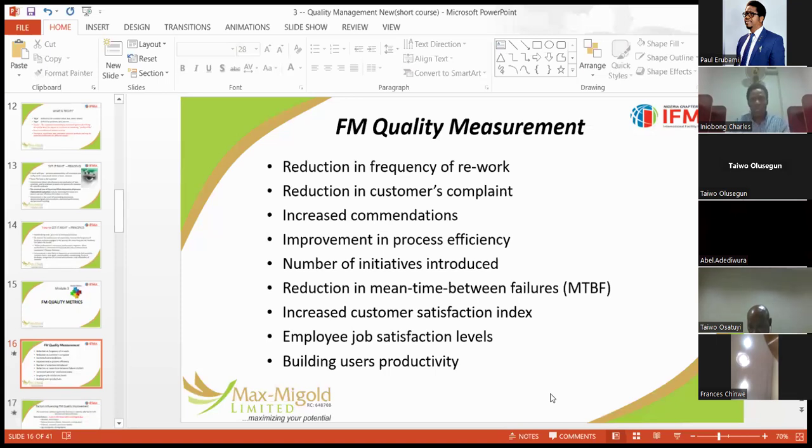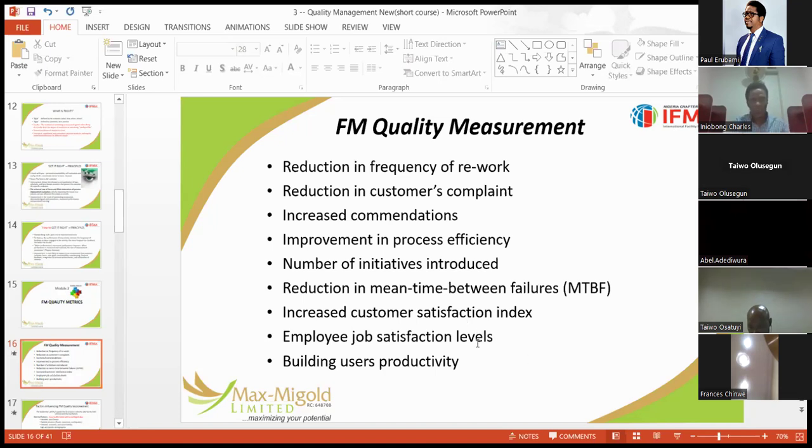You want to get up to 95% or 98%. We know that 100% customer perception is almost impossible, but we need to push it high that at least 95% of our customers are saying good about us.